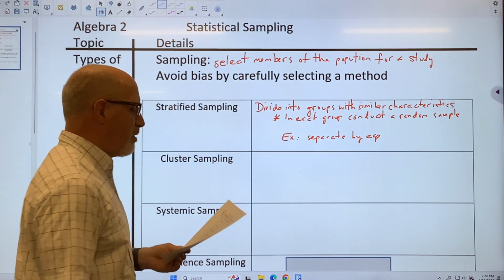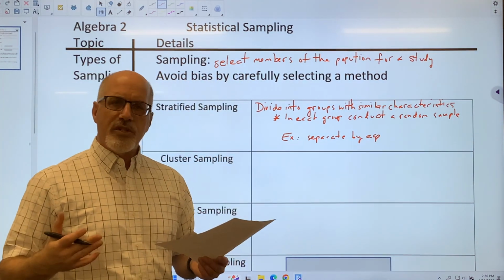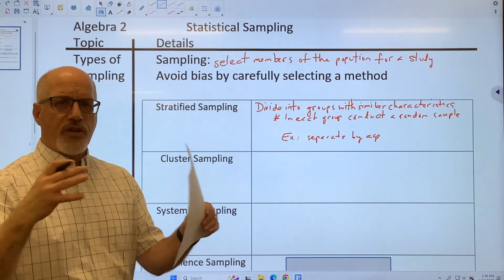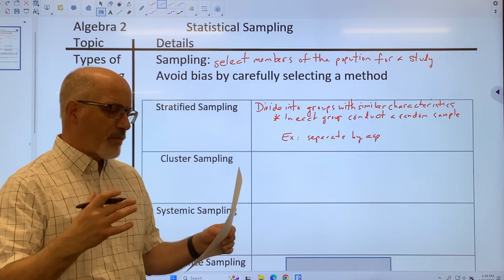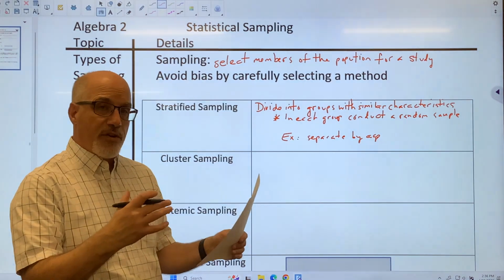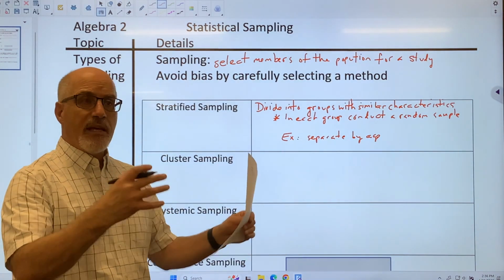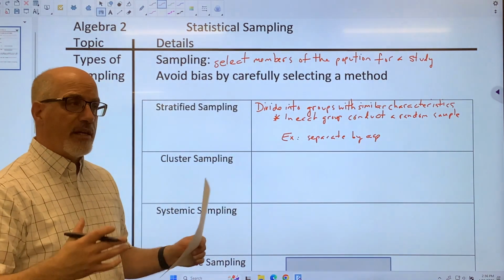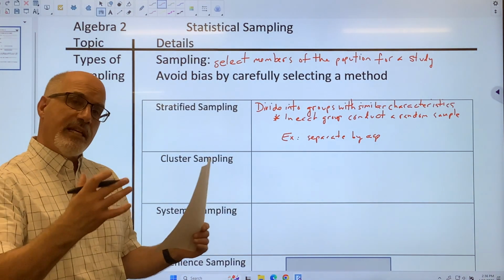Now the next one, cluster sampling. This is where you just find a convenient cluster of a sample together. So in a school that might be classes, in sports, it might be teams.